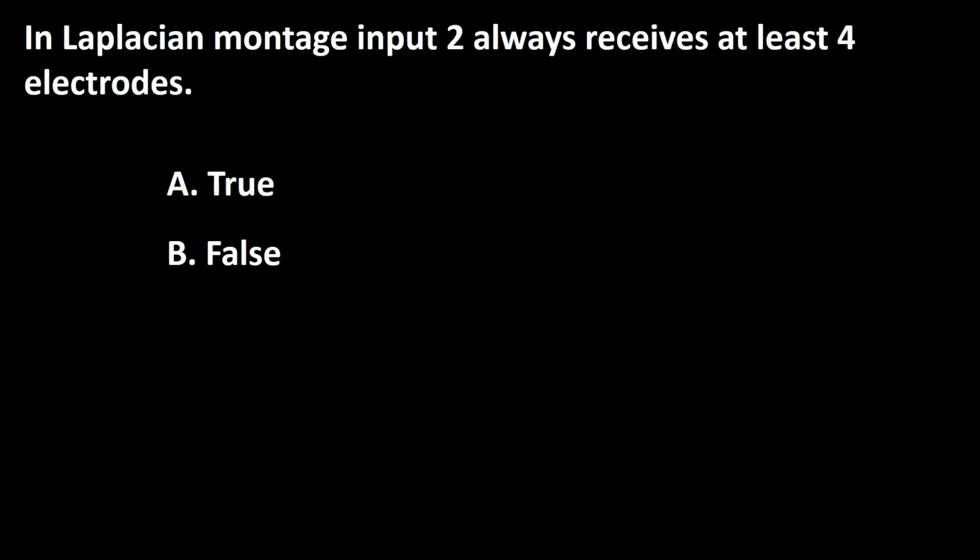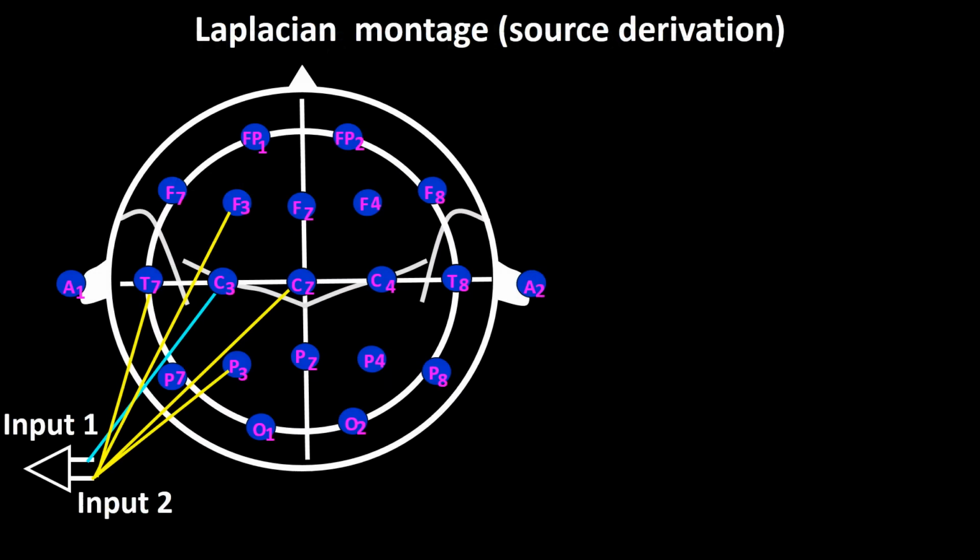Next question. In Laplacian montage, input 2 always receives at least 4 electrodes. A, true, B, false. This frame depicts the relation between a differential amplifier and the Laplacian montage.